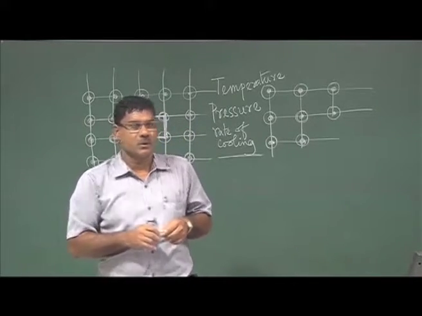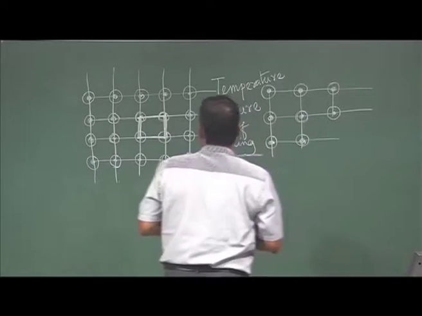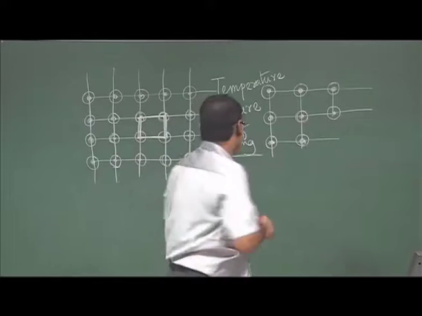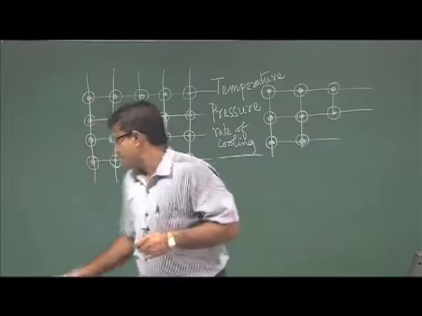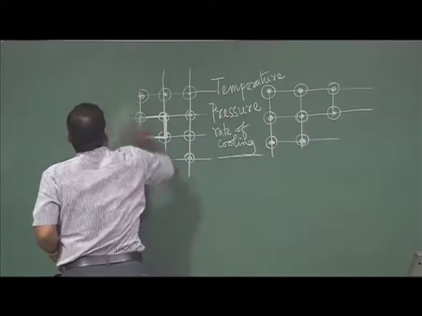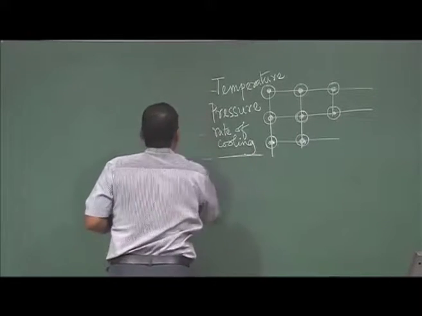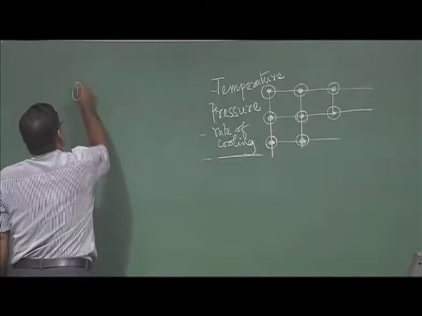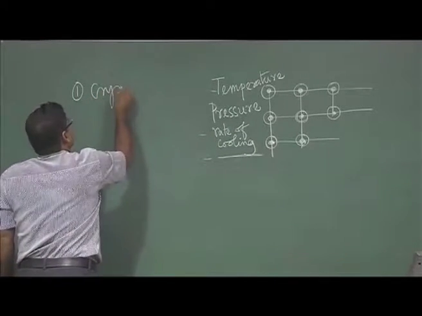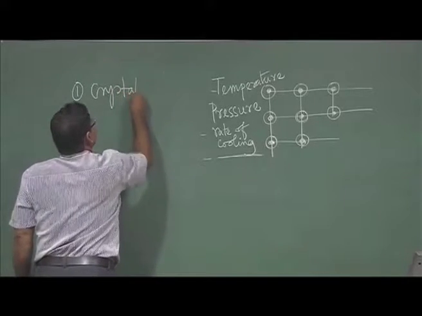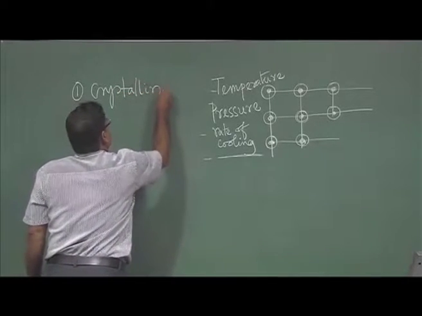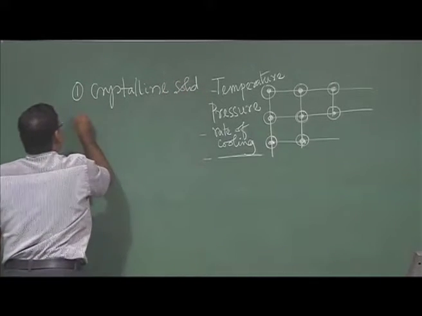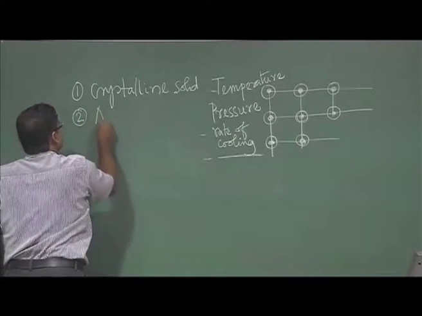So, mainly two types of solids, structure-wise, are found. One is crystalline solid, another is amorphous solid.